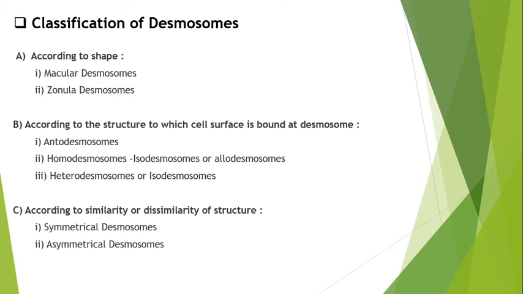Those bind an area of the cell surface of one cell to desmosomes on the cell surface of another cell. They may be isodesmosomes or allodesmosomes.